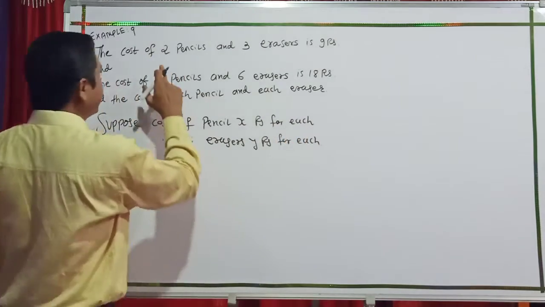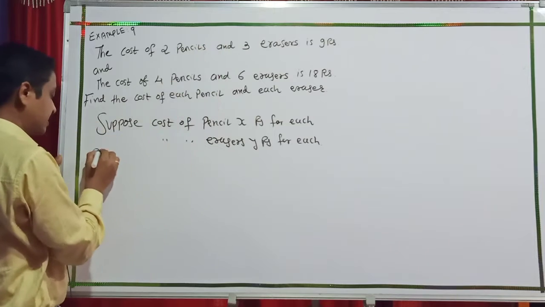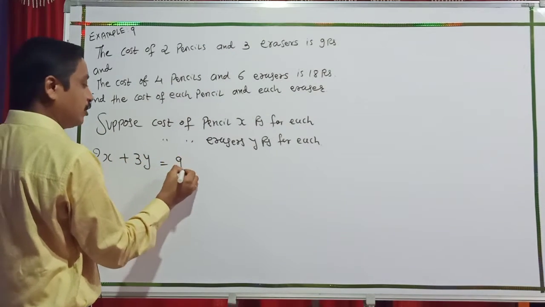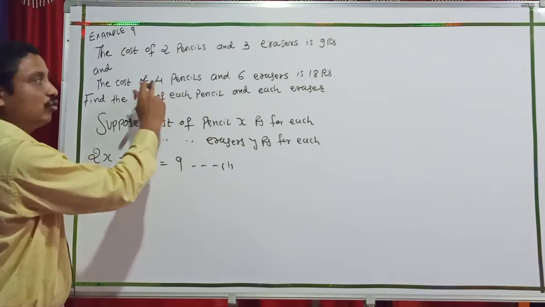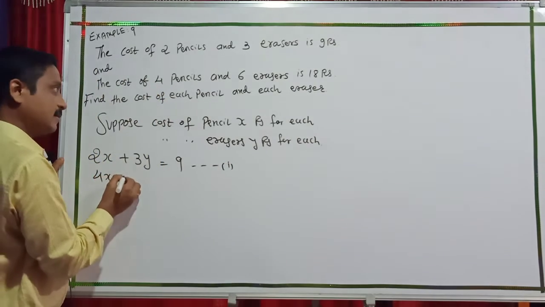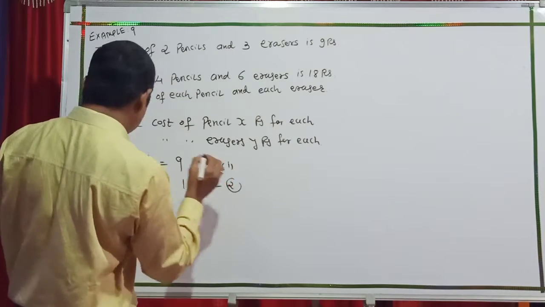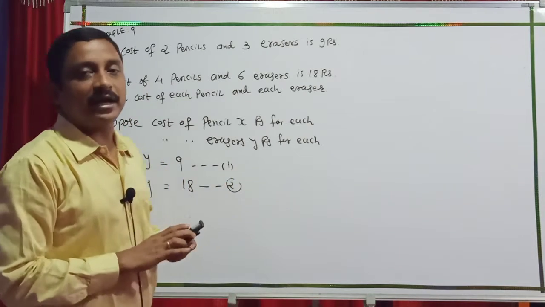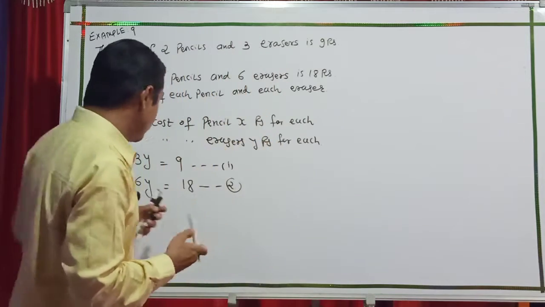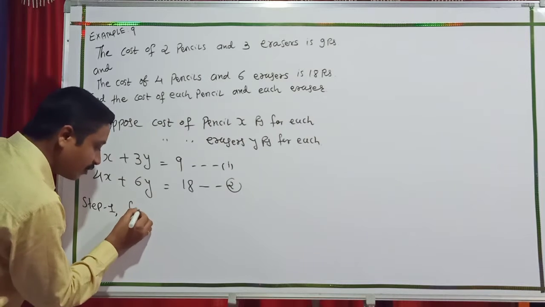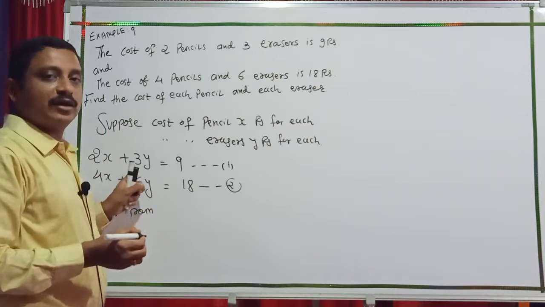Now students, read out: 2 pencils and 3 erasers means 2x plus 3y is equal to how many? 9 rupees. And second, 4 pencils is 4x plus 6 erasers means 6y is equal to 18. That is statement 2, and I calculate this by our substitution method. Very easy, students. Step 1: take either one or two.